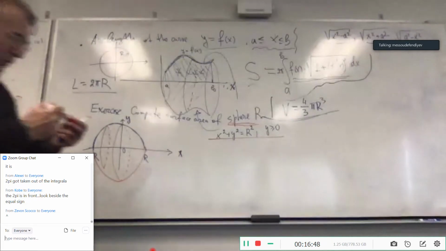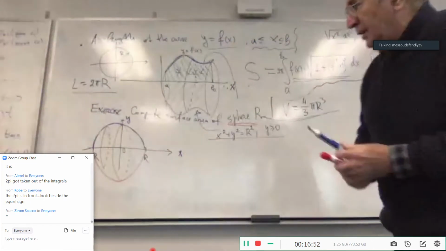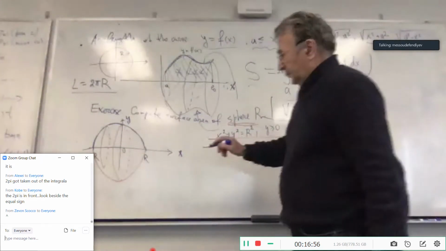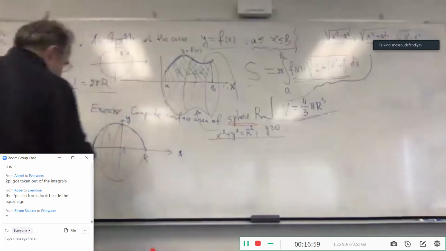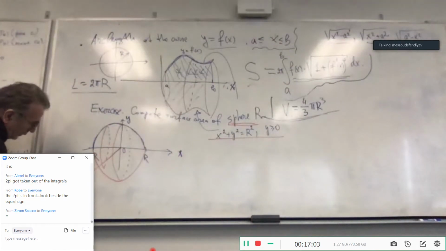Sphere means three dimensions, so here we have the hidden direction.